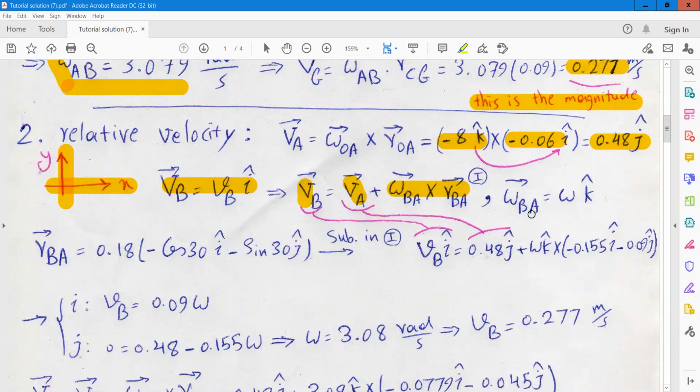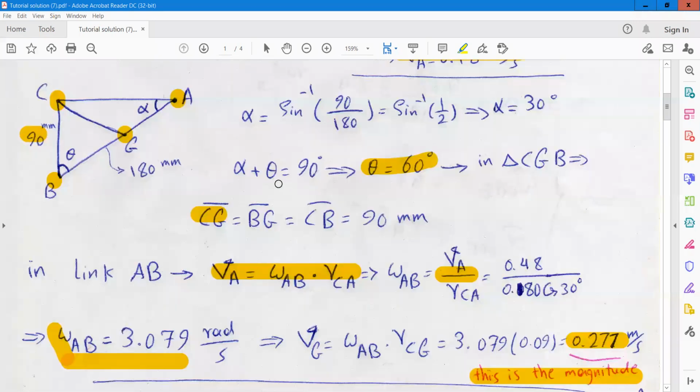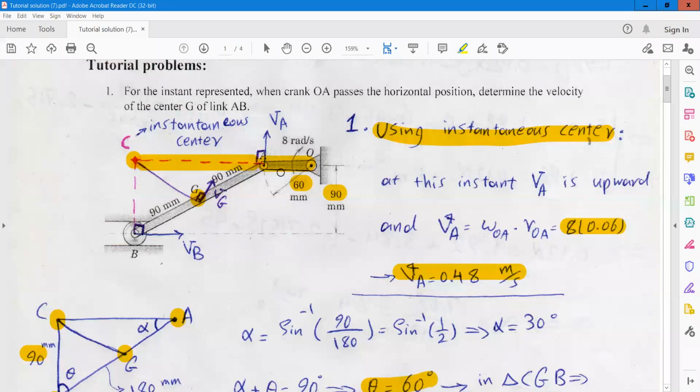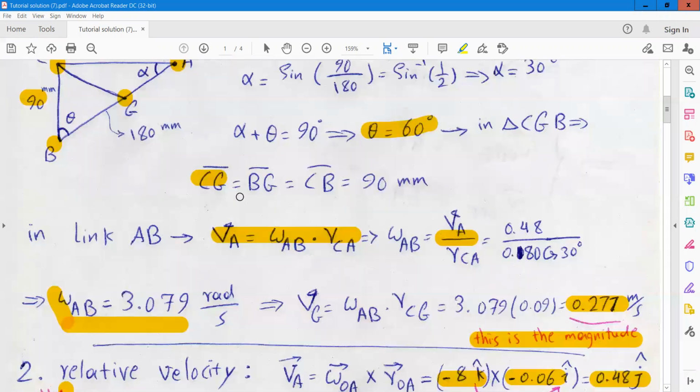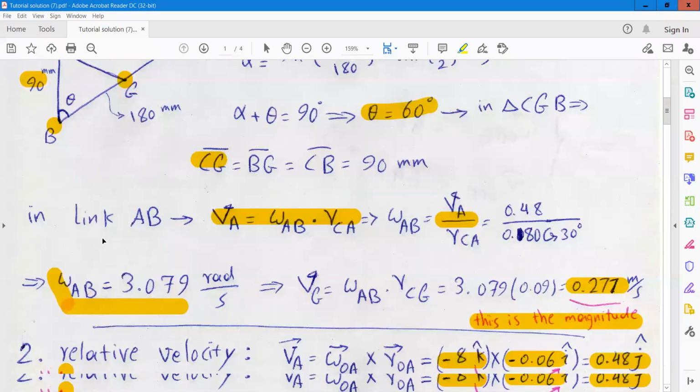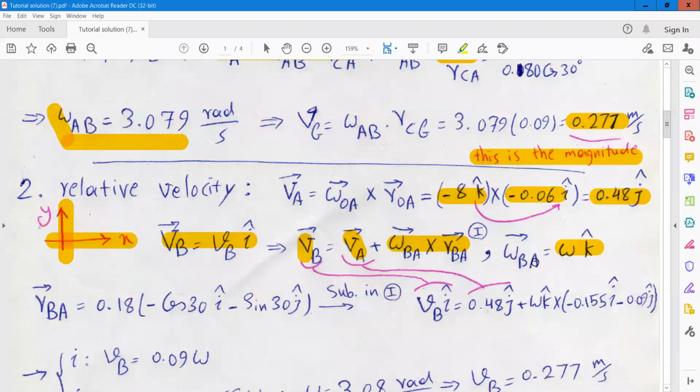We assume that omega BA is equal to omega k, because we know that when this system is rotating, the link OA is rotating in clockwise direction, the link AB will rotate in counterclockwise direction. And again, using this coordinate system x and y, we can conclude that omega BA is equal to omega k, so the direction will be in the positive direction of Z axis.